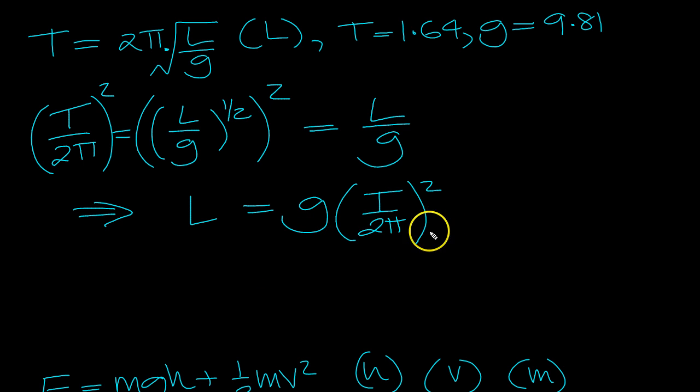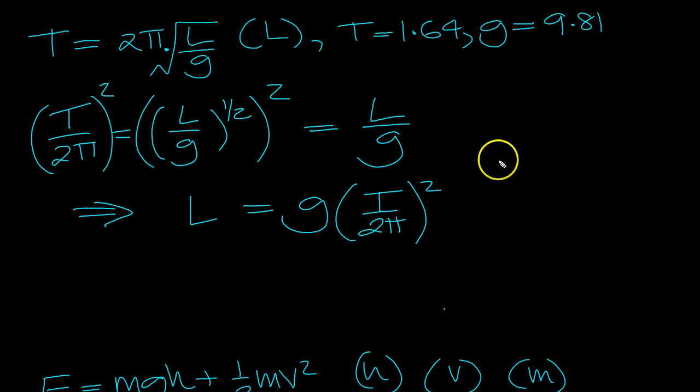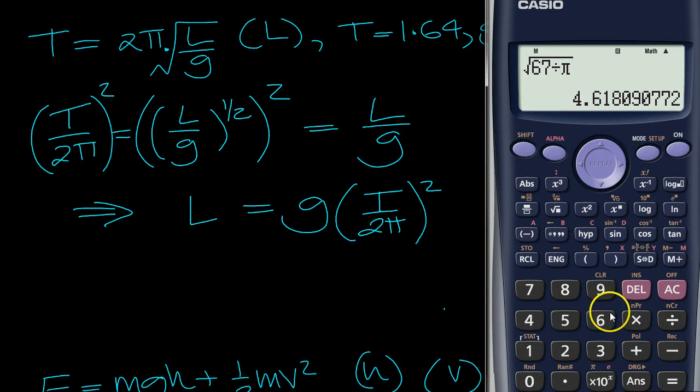And now we can put in the values. So it's G, which is presumably 9.81, yeah. So it's 9.81 times bracket T, which is 1.64, divided by, I'm going to put another bracket for 2 times pi, because I like to do that, just to be absolutely clear.